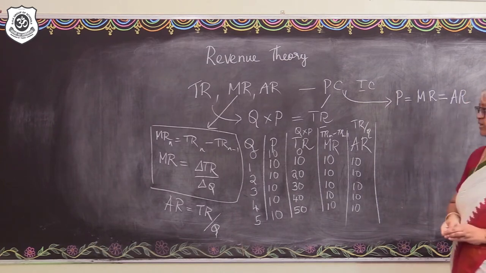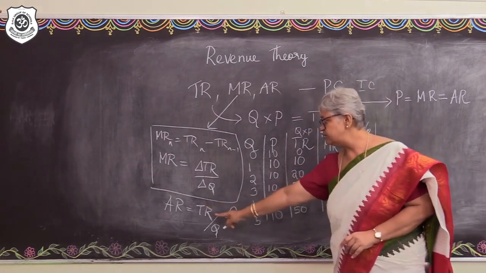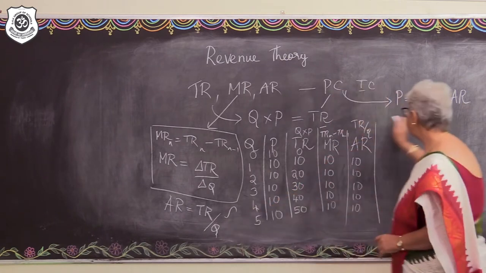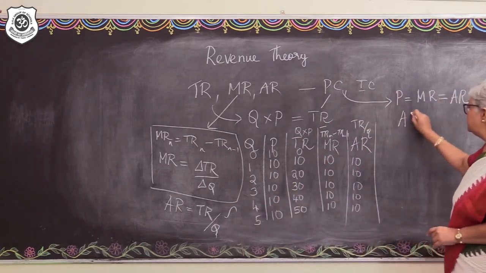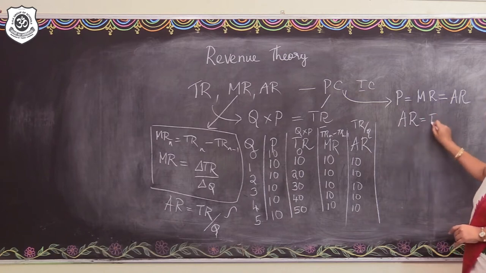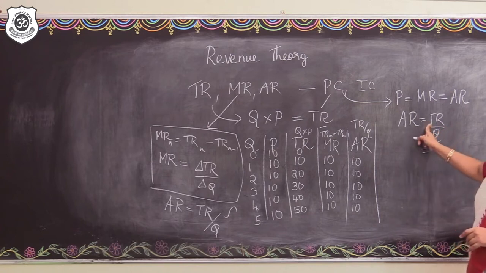Okay, fine. Now, look at this particular identity. AR is equal to TR divided by Q, right? Let me show that once more. The average revenue or the per unit revenue is understood as the TR divided by Q. Fine. Now let me just expand this total revenue.